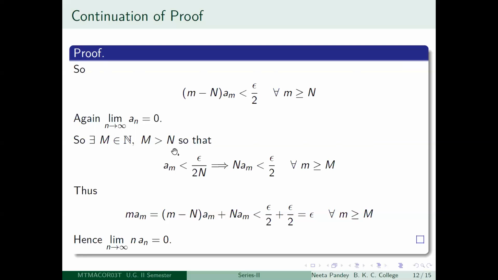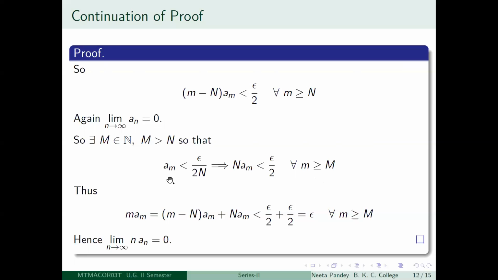So I will make a choice so that my capital M, for which this inequality will hold, after the capital M term, I will choose to be greater than N, so that this inequality and this inequality both will hold for all little m greater than or equal to capital M.